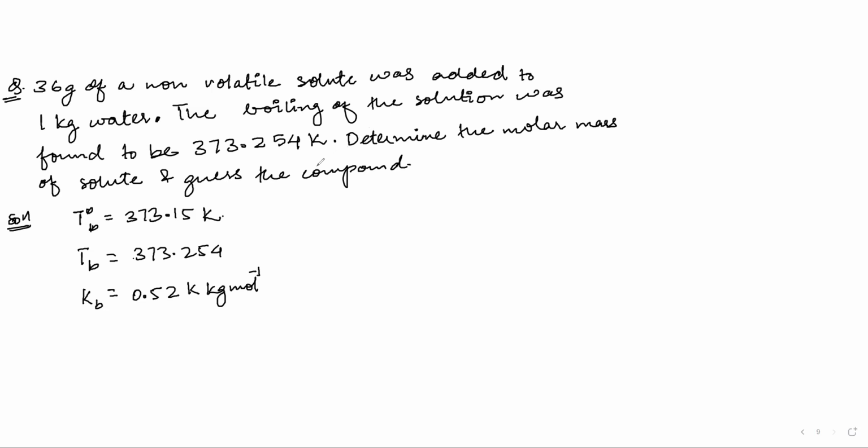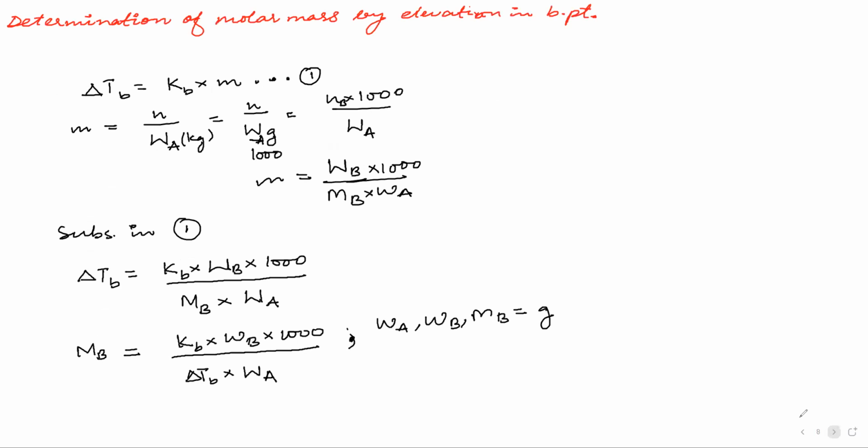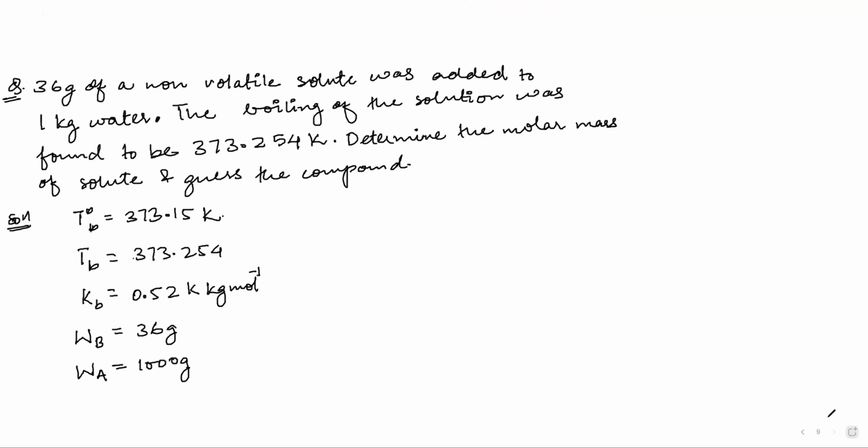Then we have 36 gram of non-volatile solute. Solute is shown as W_B, given as 36 gram. And W_A is given as 1000 grams. Remember that if you are using this formula, then you have to write everything in grams. Okay. Now you have got everything.